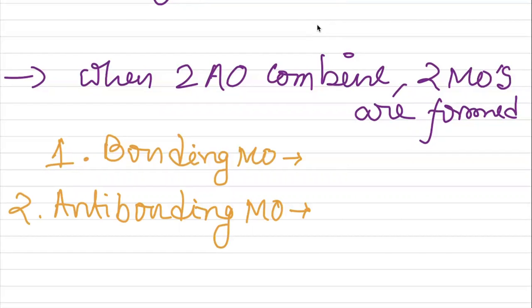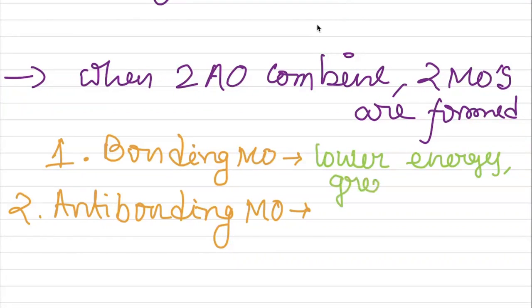The bonding molecular orbital will have lower energy, and obviously when the energy is lower, stability will be greater.